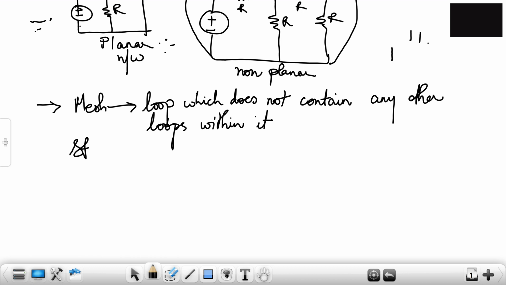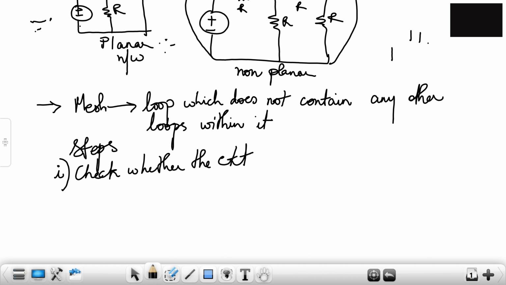Now, how do you check, in simple steps, whether you can apply mesh analysis to a network or not? The first step is you have to check whether the circuit is planar or not.